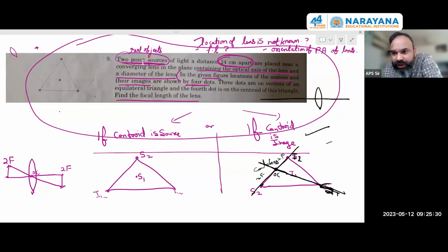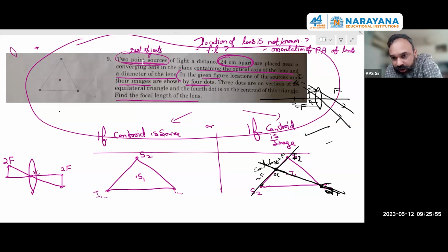If this is F and 2F, and you are closer here, one ray which is parallel will pass through the focus, another through the optical center will pass undeviated. So we understand we can form a virtual image here. So if this is O prime, I prime on the same side, then it will be virtual, and the distance of the image will be more than the distance of the object.